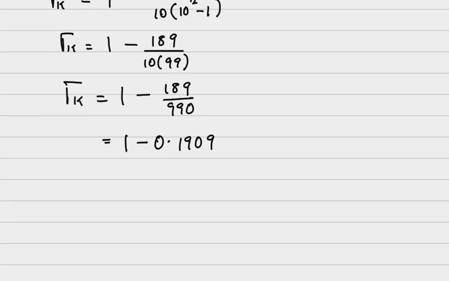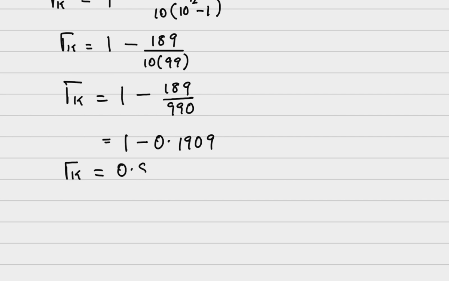Now, subtracting, my Spearman rank correlation coefficient will be 0.8091. So this is my answer. I want to believe you understood well what I've done. You have to be patient.